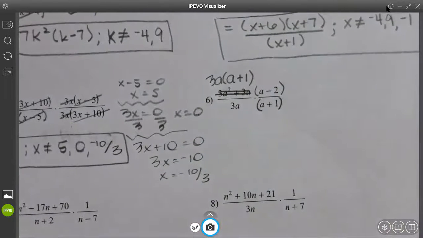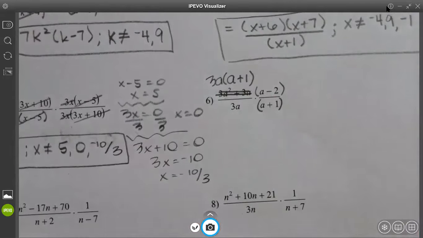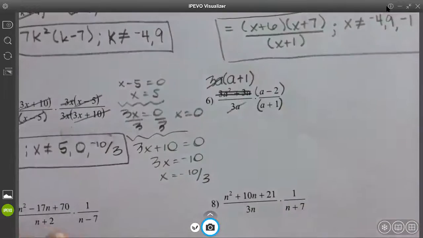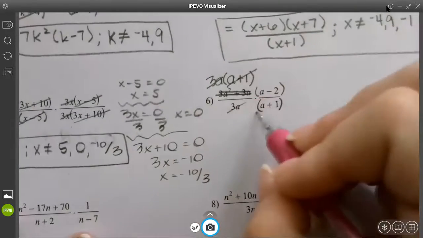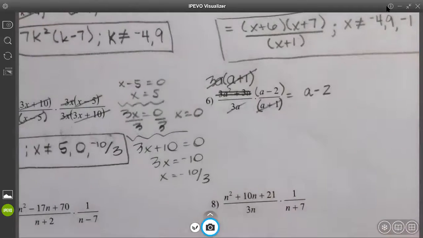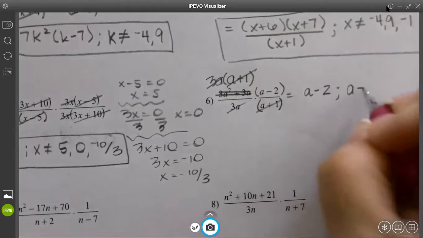All right. What can I cross out? The whole 3a will cross out. What else? A plus 1. Nothing else will cross out. I'm left with just a minus 2. But I have points of discontinuity.